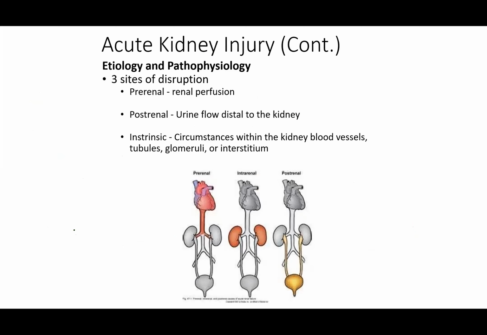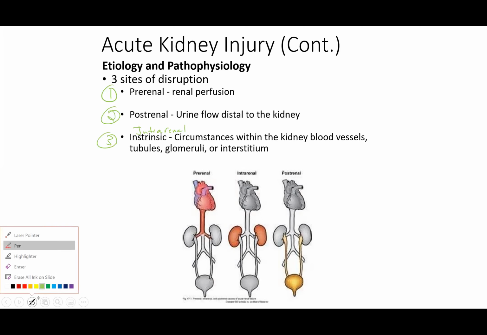All right, so we have three types of AKIs: pre-renal, post-renal, and intra-renal, also called intrinsic.